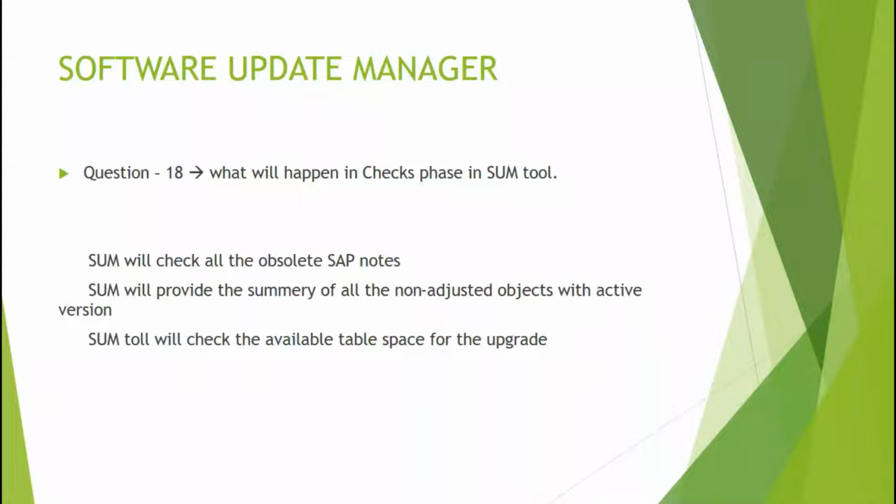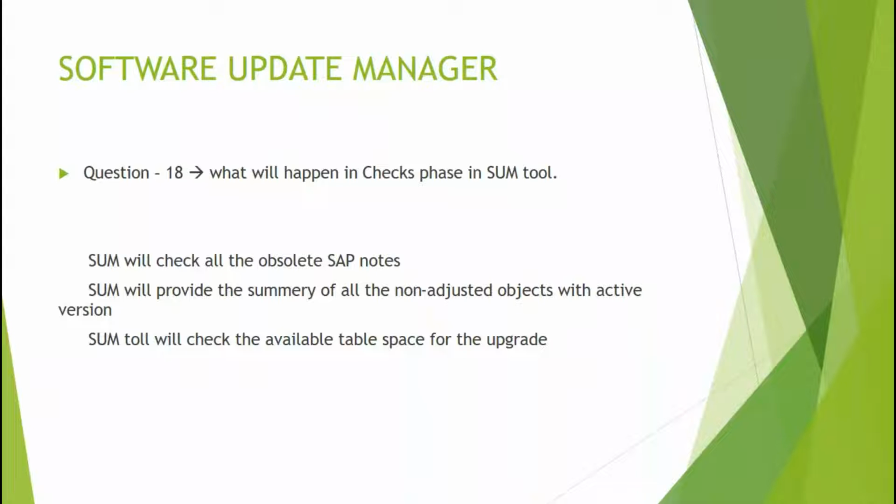Also, the SUM tool will check non-adjusted objects that are active in your system, that have an active version in your system. So the SUM tool will provide a complete summary of these kinds of objects.